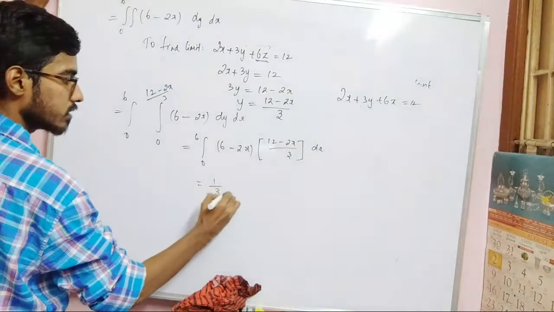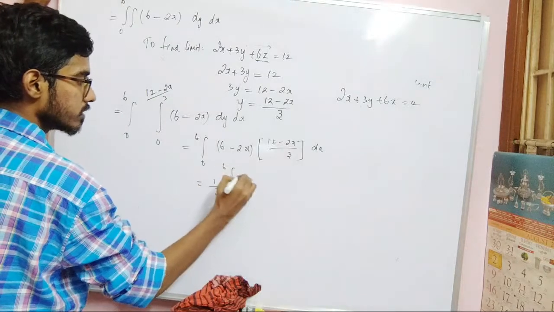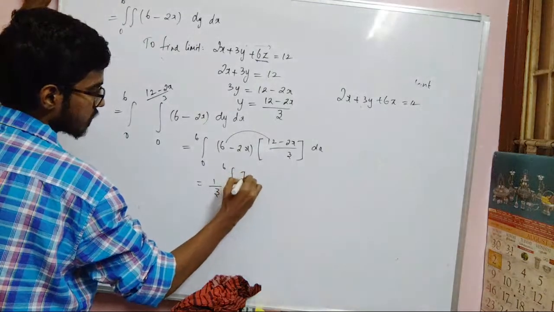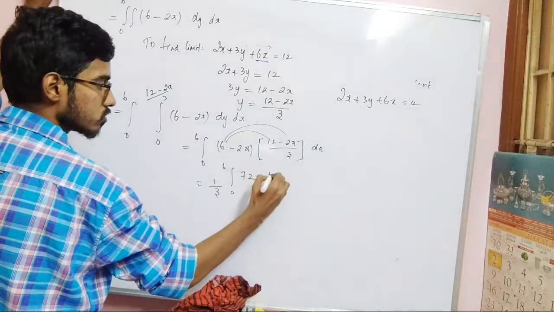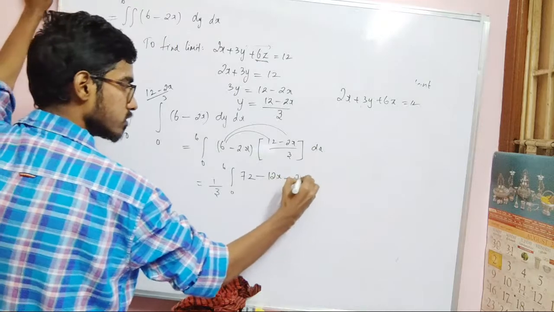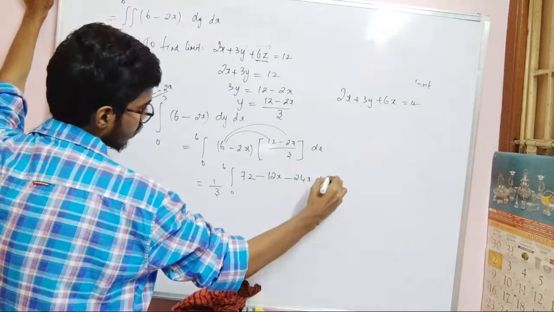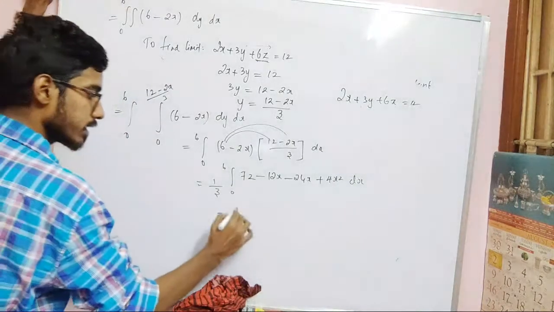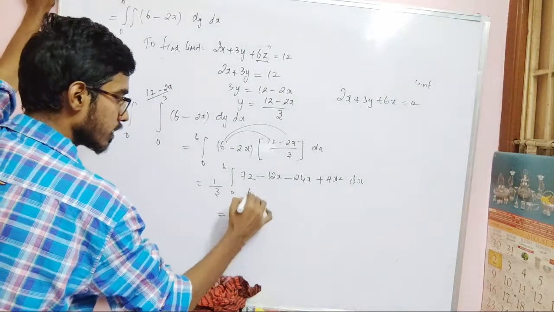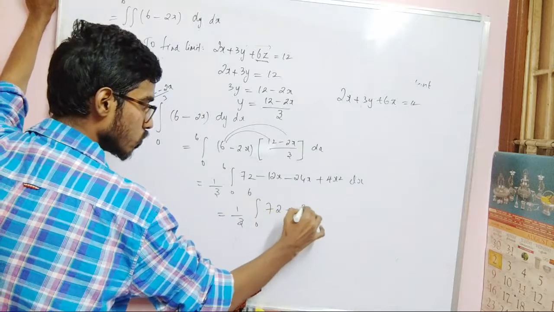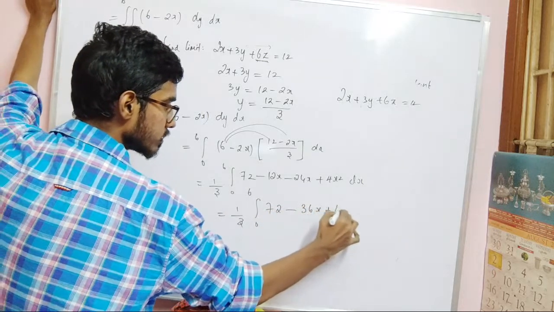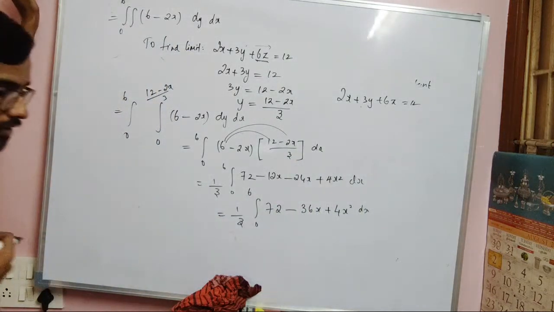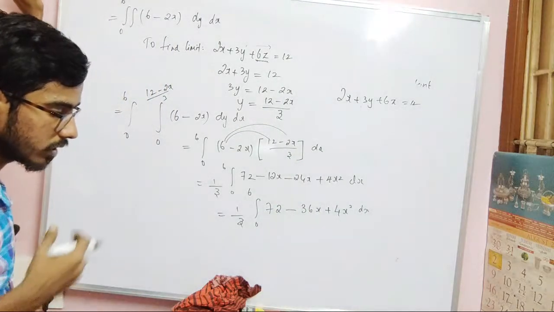I can take 1 by 3 outside. When I simplify this, 6 into 12 is 72, 6 into minus 2x is minus 12x, and this is minus 24x plus 4x square dx. So this is 1 by 3, integral from 0 to 6, 72 minus 36x plus 4x square dx. Just integrate this and then substitute the upper limit and the lower limit.